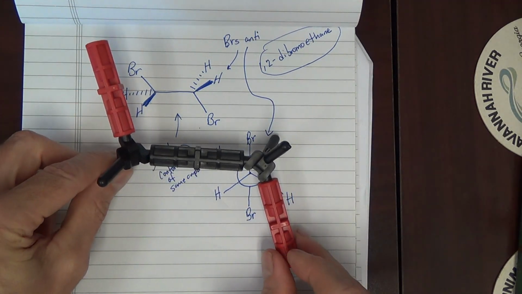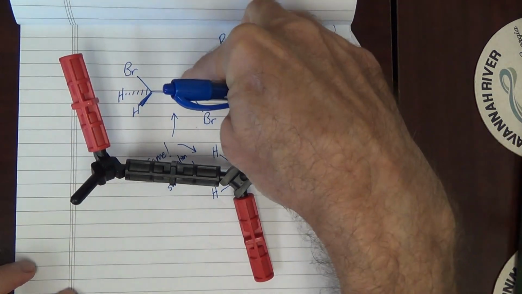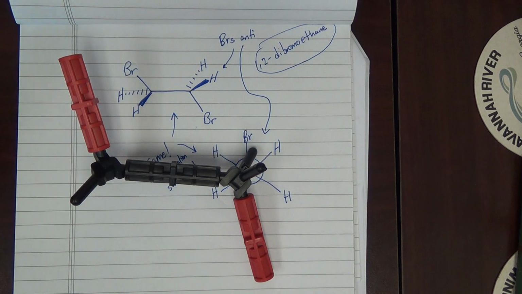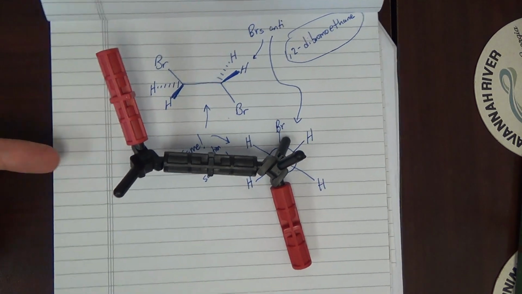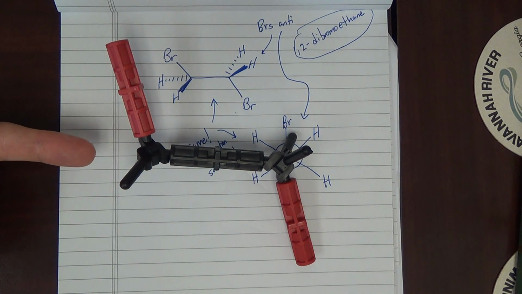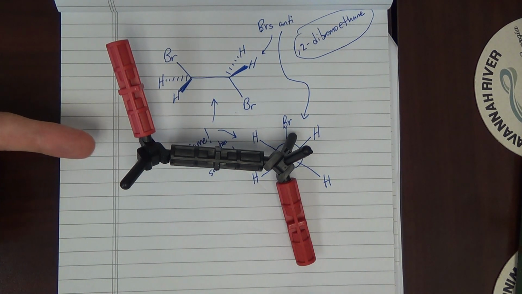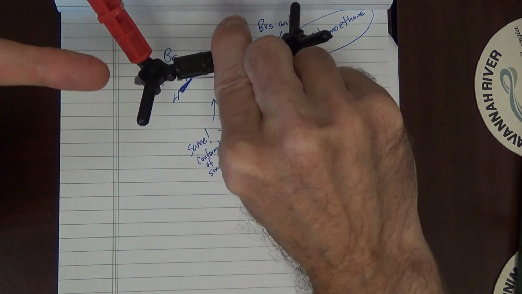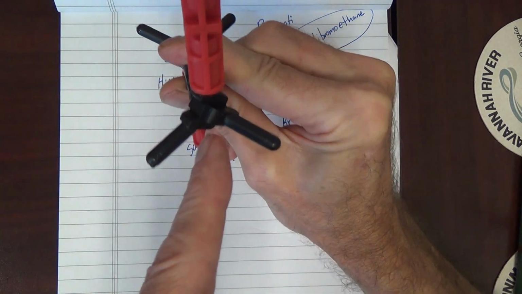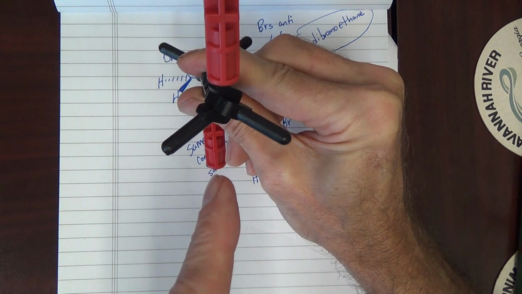Let's pretend like it's glued on the paper, okay? Because once you draw it, you can't start rotating it. I need to stand over here so I can look down the carbon-carbon bond. Now if I stand over here, what do I see?